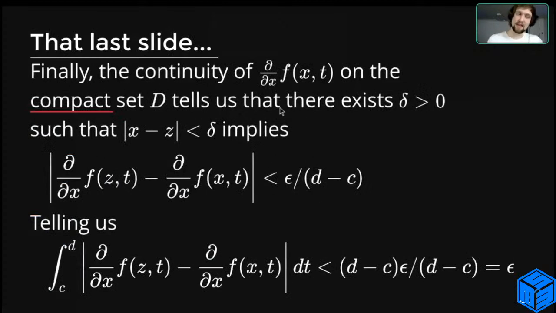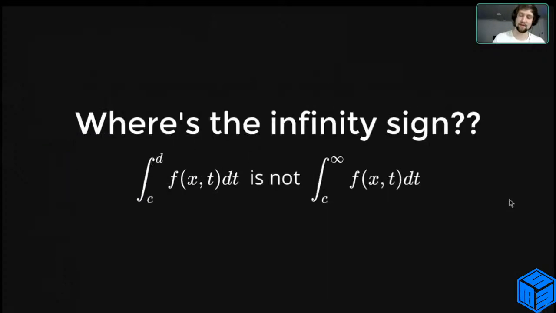And so we see that we were able to use this argument on that function we talked about earlier because of this compactness, this uniform continuity, which does require some more talking. I'm not going to get into it here. But you might be wondering, where's the infinity sign?